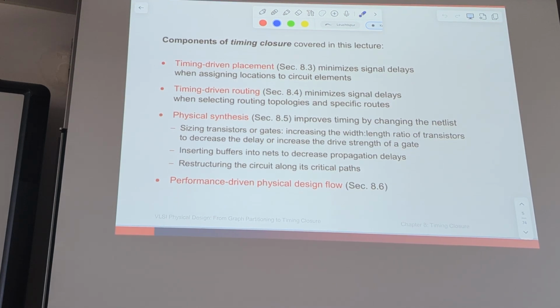And as mentioned here, this is actually working in all those steps here. So you have timing-driven placement, timing-driven routing, and then you can couple that even more. That's called physical synthesis, where you always also want to look at timing requirements for placing and routing.